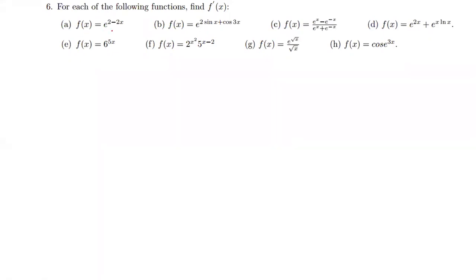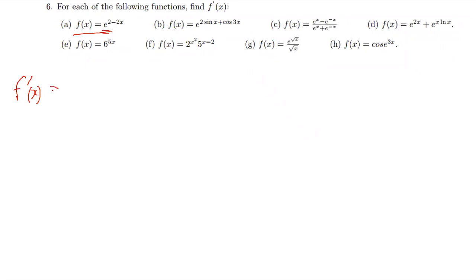Yeah, so when you look at this first question here, this one is straightforward. You just use the property of this e. We know that when you're differentiating this question here to find f prime of x, which is just the same as d/dx of f(x), in other words dy/dx.